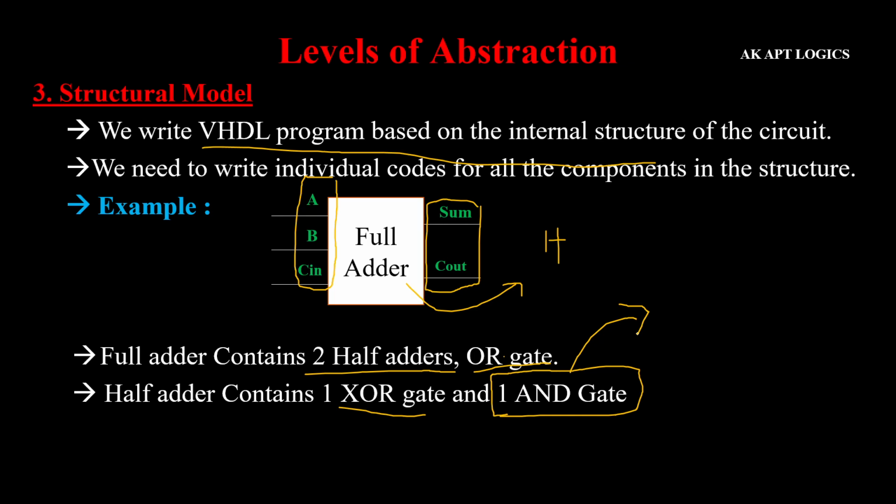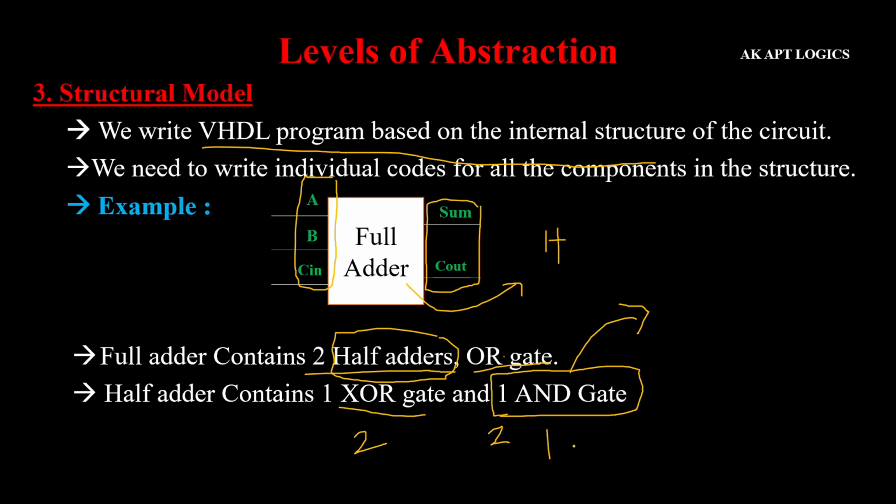From that, we know that a full adder requires two half adders and one OR gate. Each half adder requires one XOR gate and one AND gate. So we require two XOR gates, two AND gates and one OR gate.